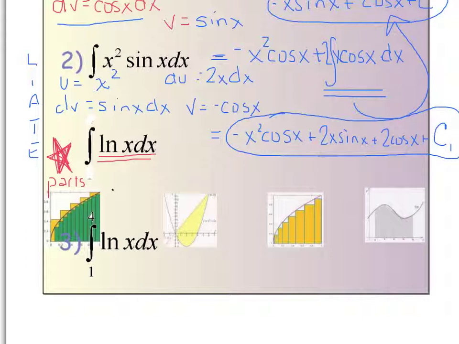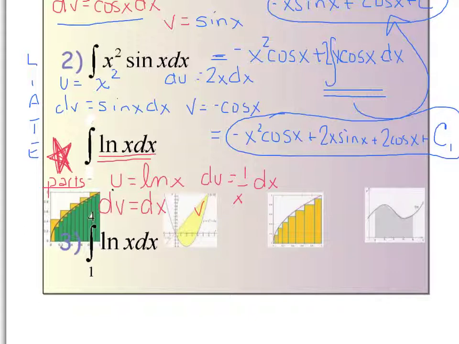So we'll do it by parts. Let u equal, oh, there's a logarithmic function there, so we will let u be equal to the natural log of x. dv then will be dx. And we go backwards and say, well, du then is equal to 1 over x dx.